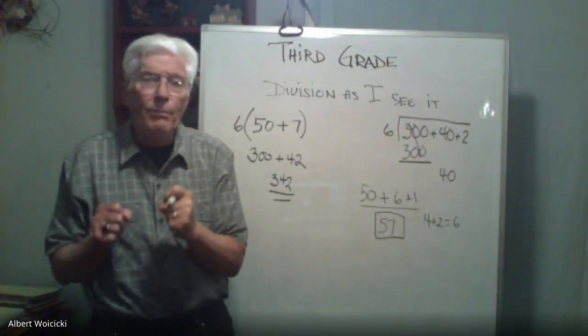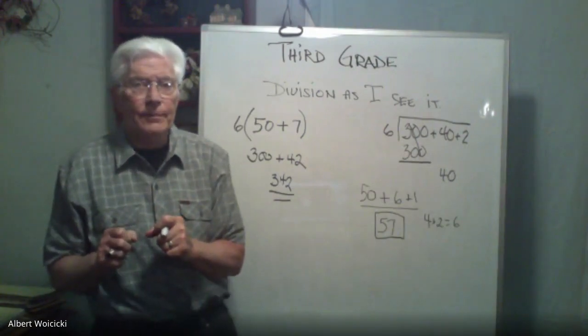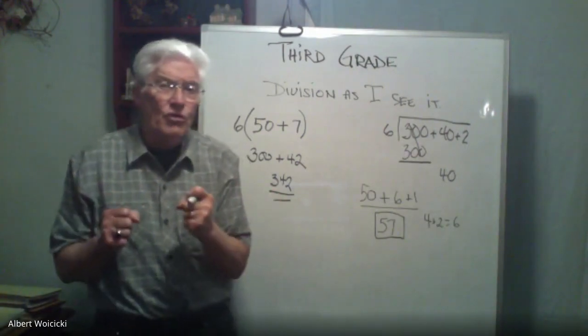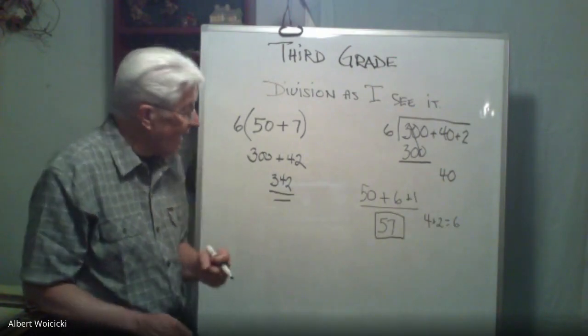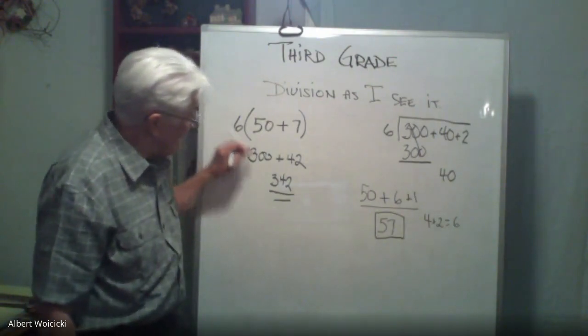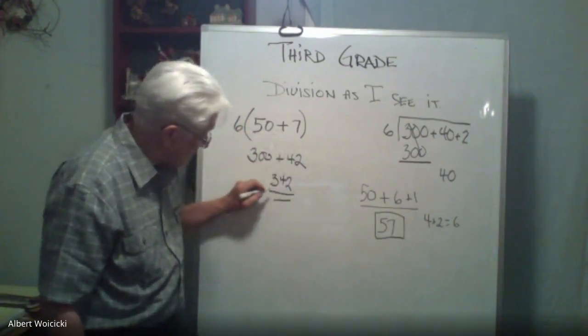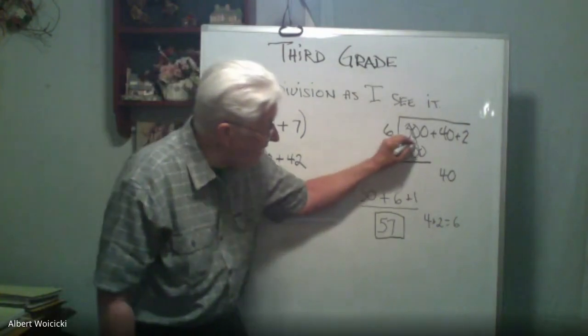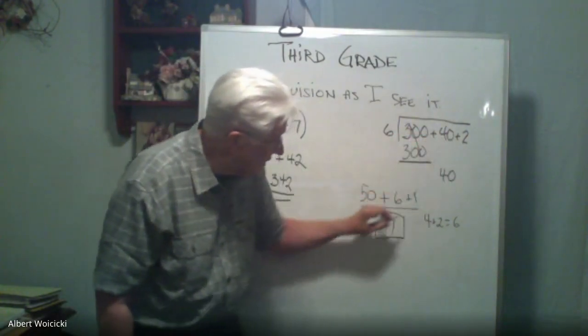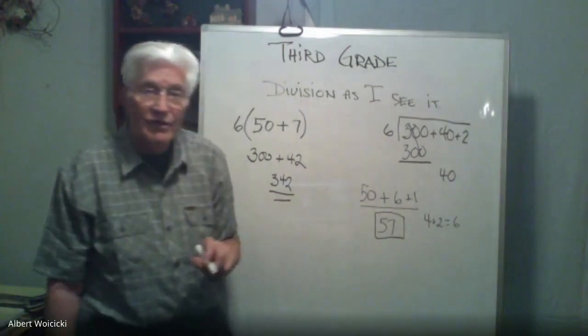That's so important in mathematics. And it'll give them good groundwork for the future. So again, 6 times 57 gave you 342, and 6 divided into 342 gave you 57.